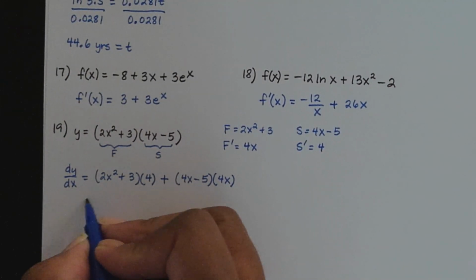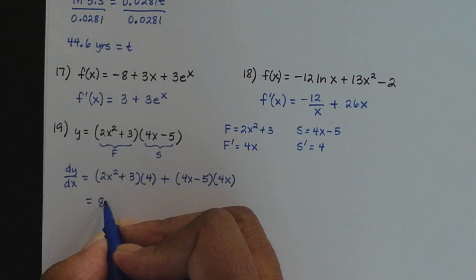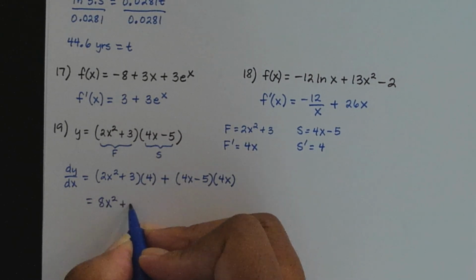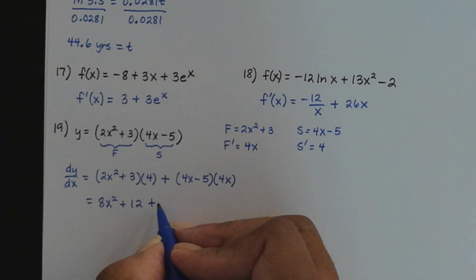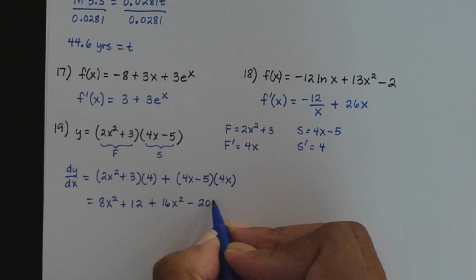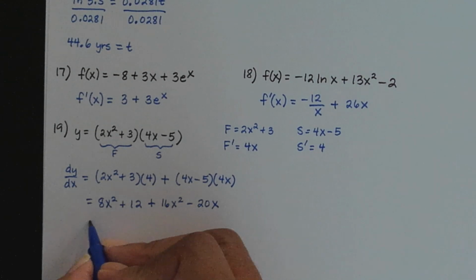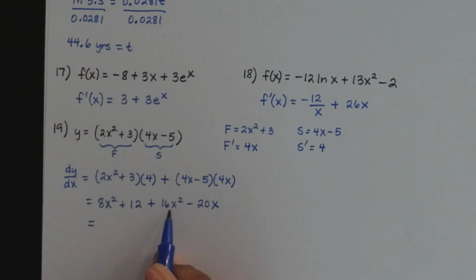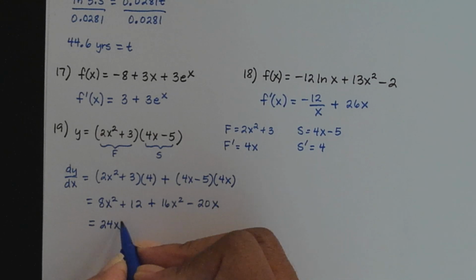So here, distribute the 4 over the 2x squared plus 3. This will be 8x squared plus 12. And then distribute the 4x over the 4x minus 5. 4x times 4x is 16x squared. Minus 5 times 4x is 20x. Combine like terms here. 8x squared and 16x squared will be 24x squared.